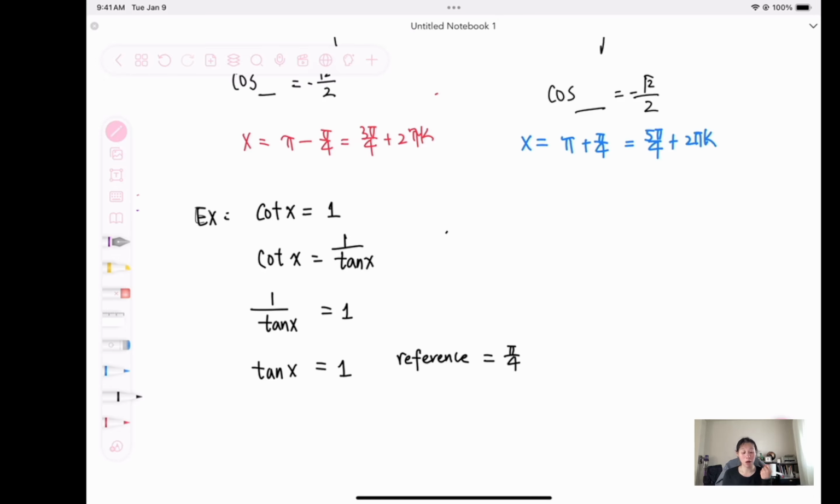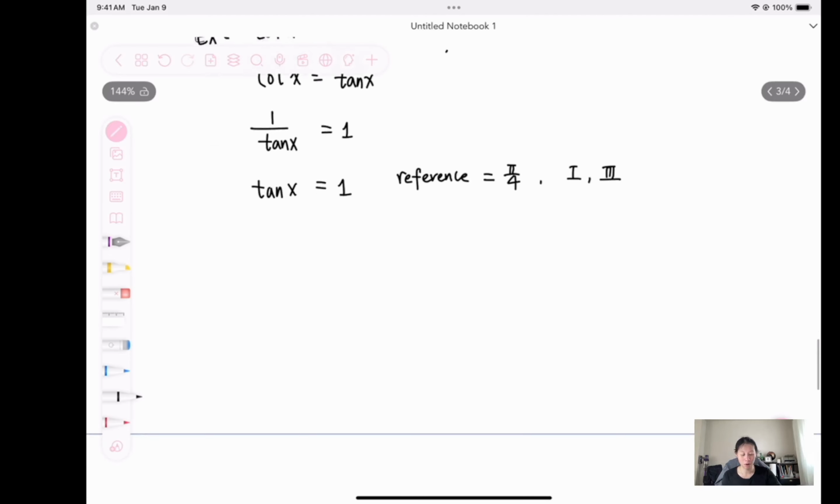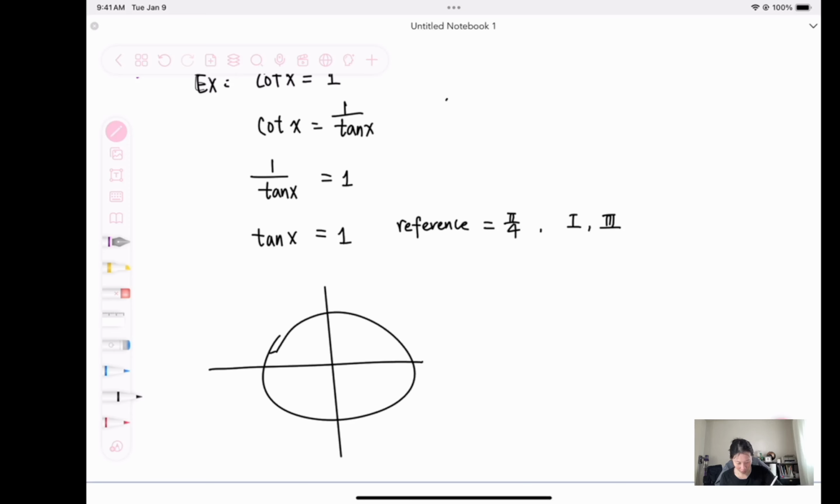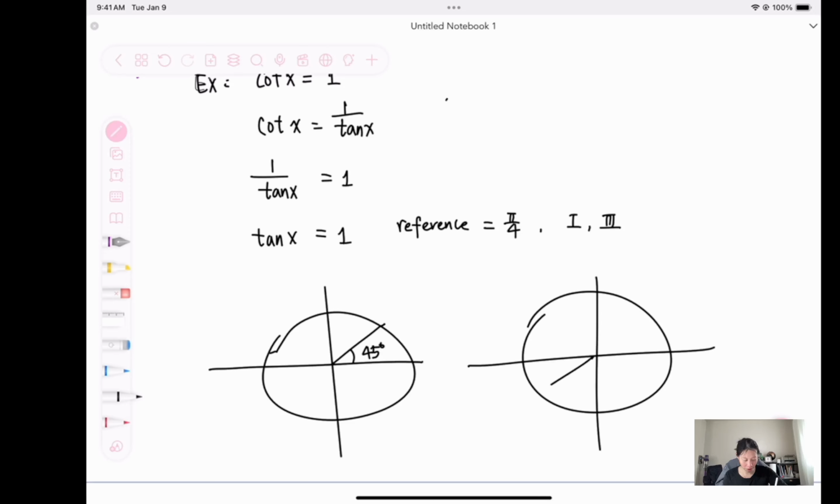And since it's a positive number, that means we expect the answer to be in the first quadrant and the third quadrant. So if I'm drawing it, in the first quadrant, here the reference angle would be 45 degrees, and in the third quadrant, I want this part to equal 45 degrees.